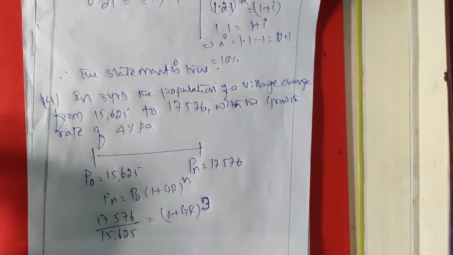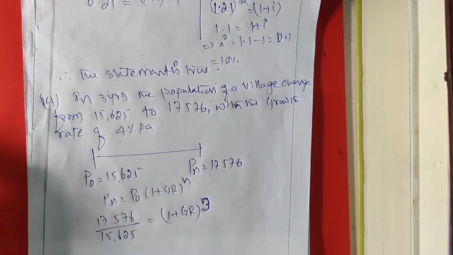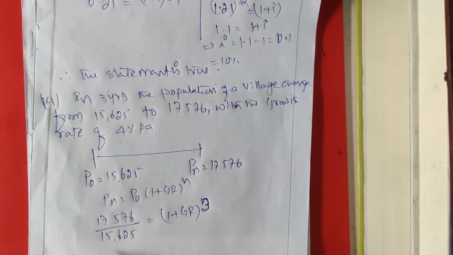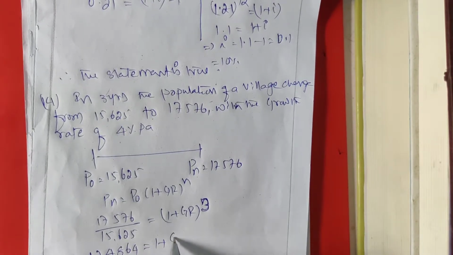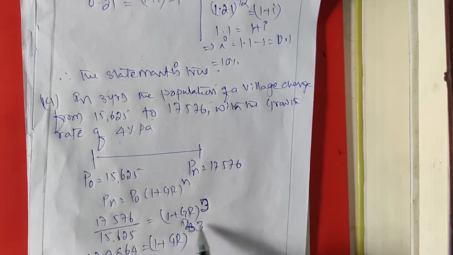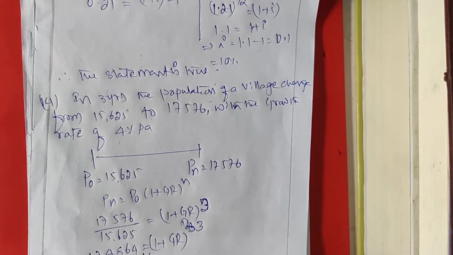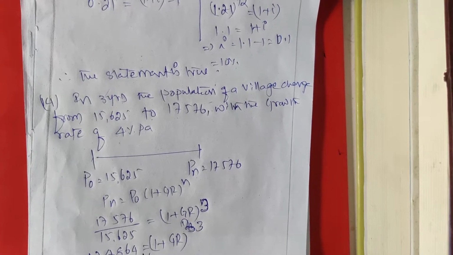See this value, 17,576 divided by 15,625, 1.124864 is equal to ((1 plus growth rate) to the power 3). Bring the 3 to this side: 1.124864 to the power 1 by 3 is 1 plus growth rate.